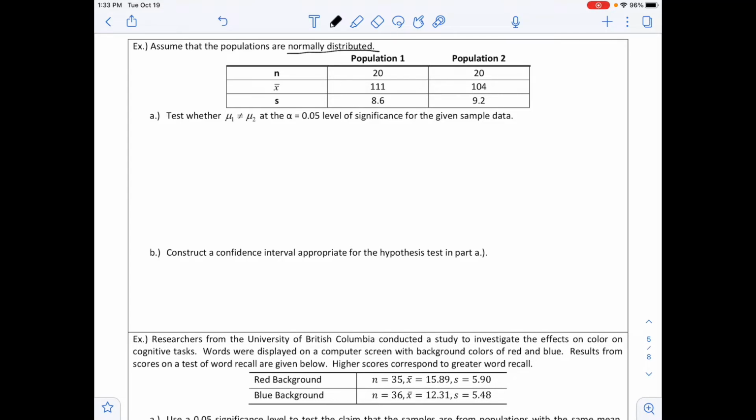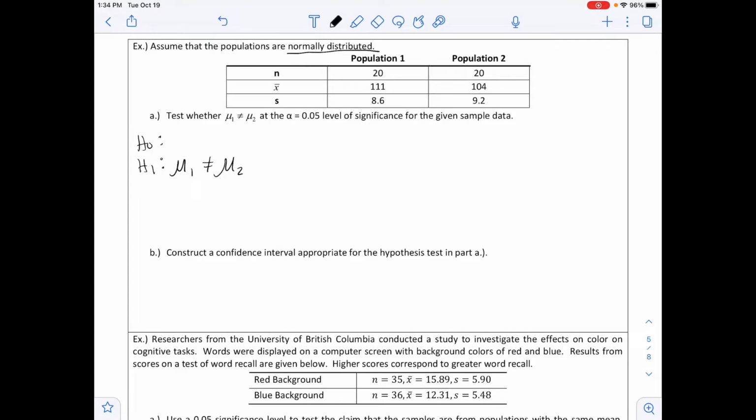It says test whether mu1 is equal to mu2 at the alpha equals 0.05 level of significance for the given sample data. So our null and our alternative, since we're testing, we need to write those down. And we're testing to see if mu1 is not equal to mu2.